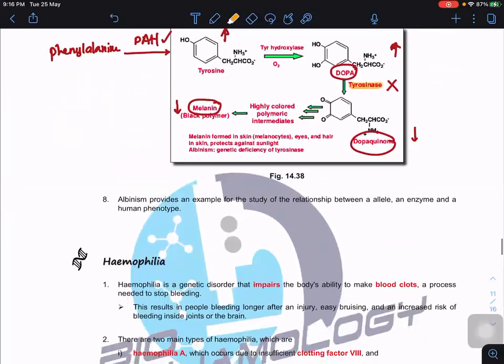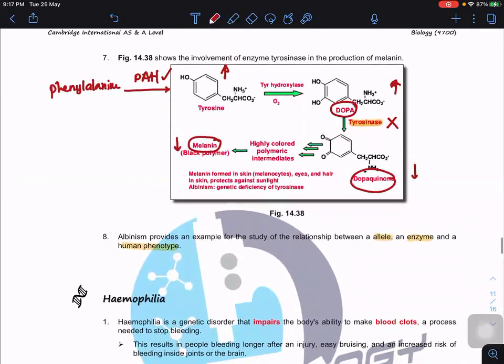Okay, so albinism provides an example for studying the relationship between the allele, enzyme, and human phenotype. So what does this mean? Now look at this. If you look at the genotype, big A, they have the tyrosinase. Because they have the tyrosinase, in terms of phenotype, you will be able to see that this allele codes for this enzyme.